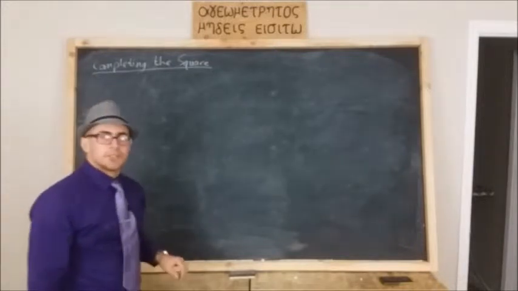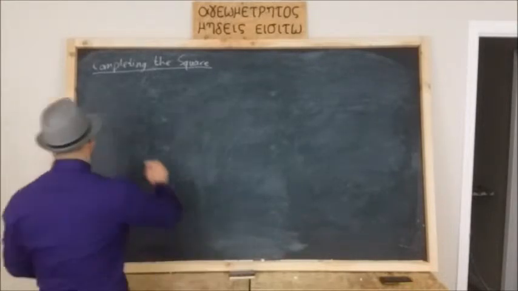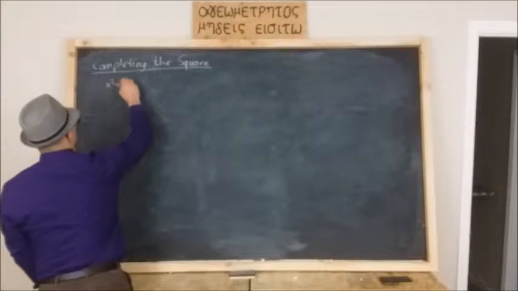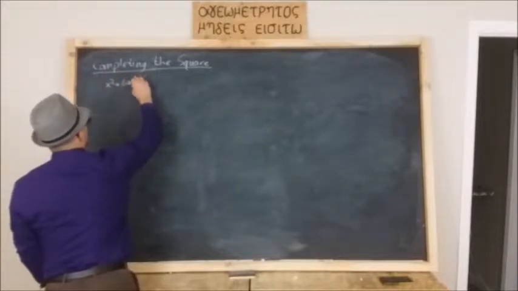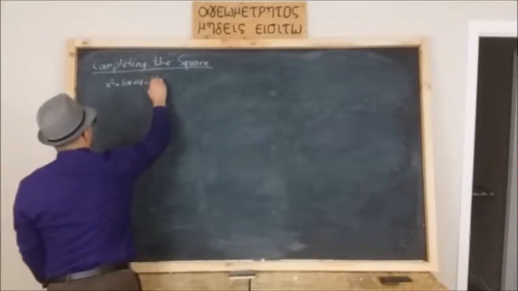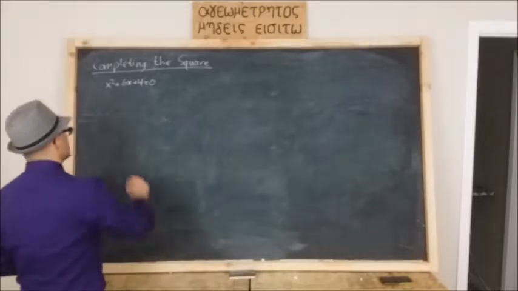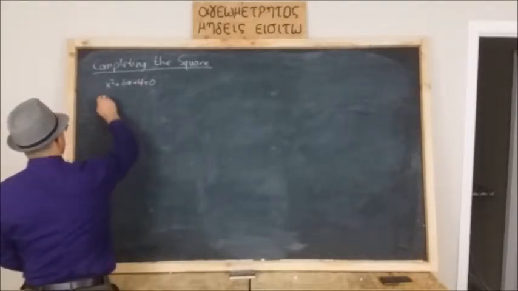All right, so to set this up, let's say we have x squared plus 6x plus 4 is equal to 0. Okay, so remember from the last video we used the table method. Factors of 4 whose sum is equal to 6.